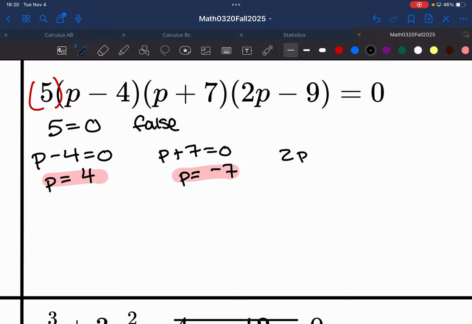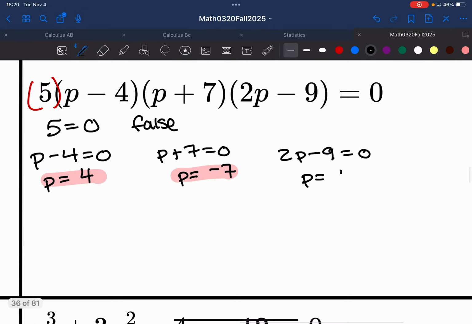Okay, then we have 2p minus 9 equals 0, which means p equals 9 over 2, because we add the 9 over and divide by 2. So 9 over 2, which means we have how many solutions? 3. 3 solutions. Okay.